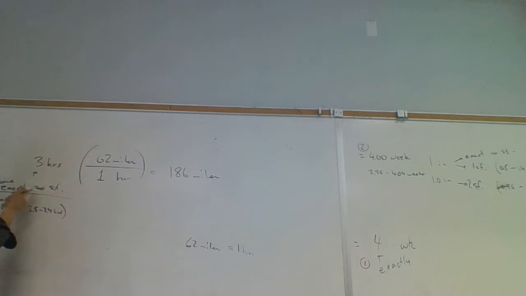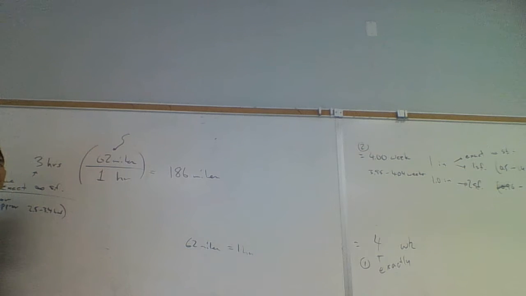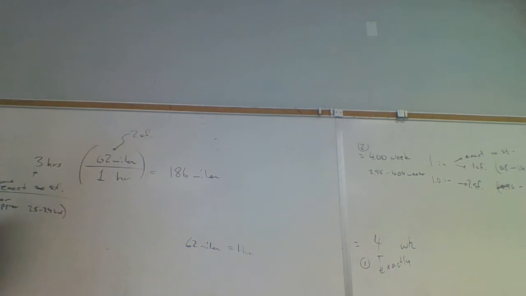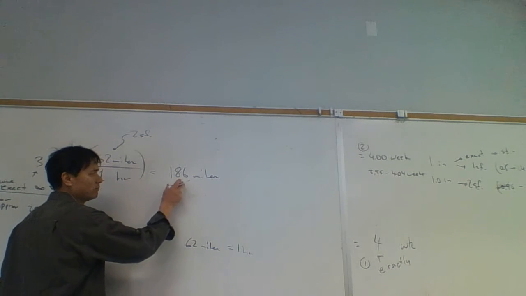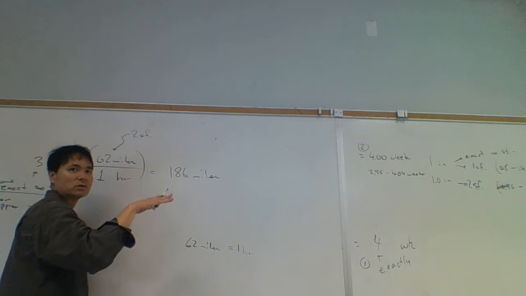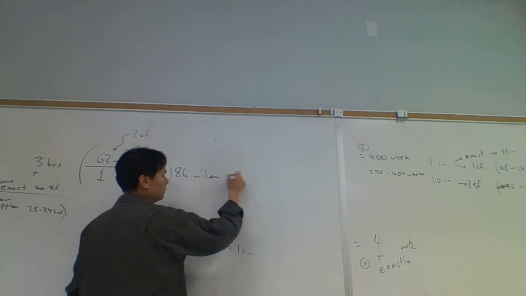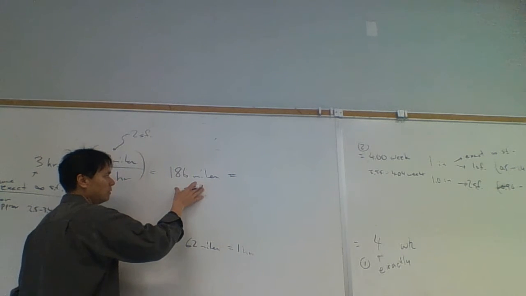If this is exact, this has infinite sig figs. How many sig figs does this have? This has 2 sig figs. And so if that has 2 sig figs, then it turns out that we're only allowed 2 sig figs in our answer to keep the uncertainty about the same level. Although we'll see it's not entirely correct, as somebody noted this morning that uncertainty seems off.